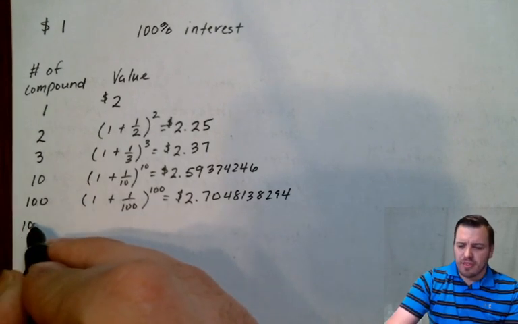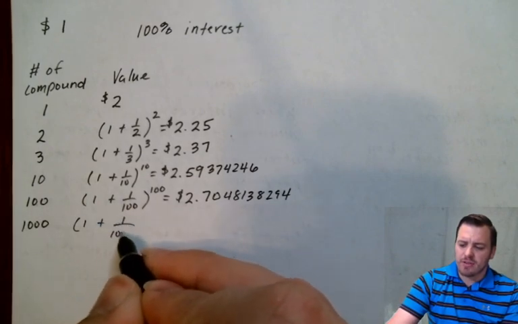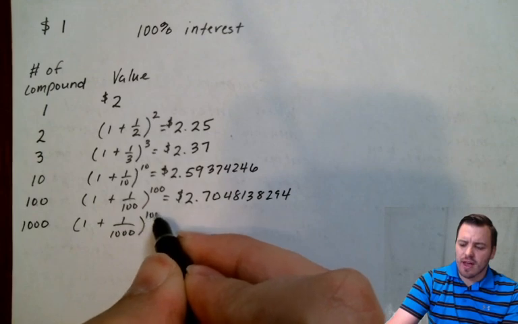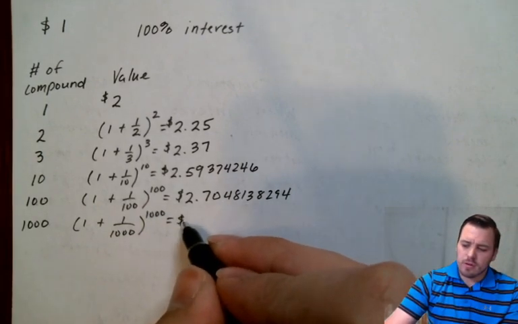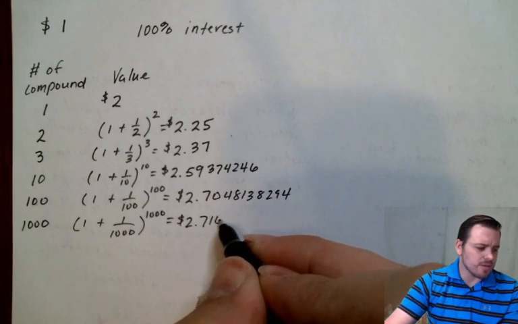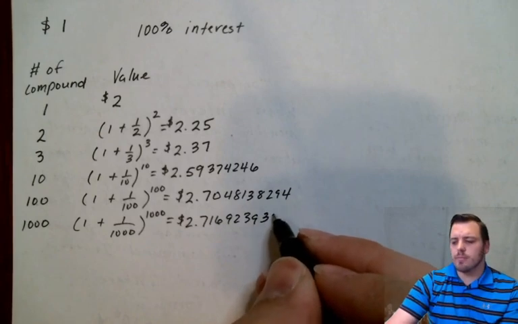Then let's go to 1,000. 1 plus 1 over 1,000 to the 1,000th power. That will give you 2.716923932.